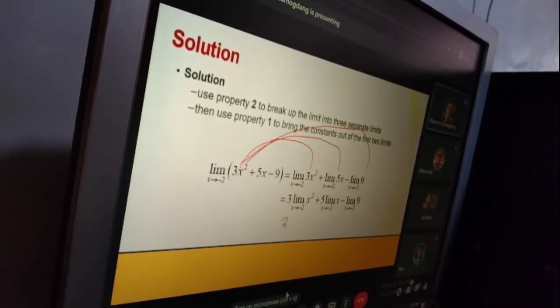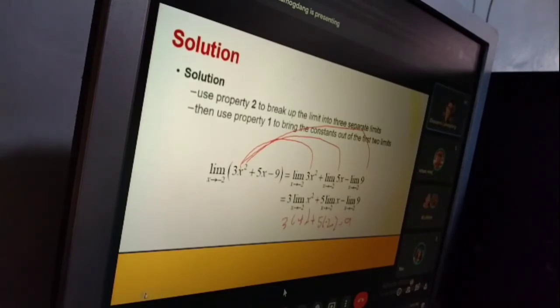So, pag diretso natin 3, if x is negative 2, negative 2 squared is 4. Plus 5 times as x approaches negative 2 is negative 2, minus the limit of 9 as x approaches negative 2 is the constant itself. So this is 12. This is negative 10. 12 minus 10 is 2 minus 9 is negative 7.